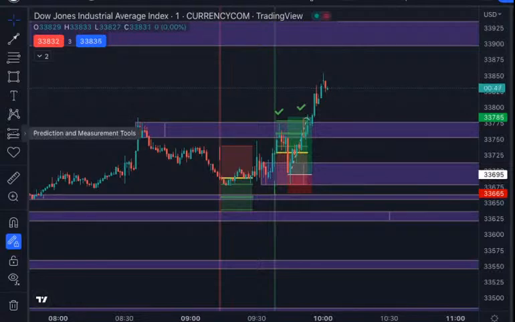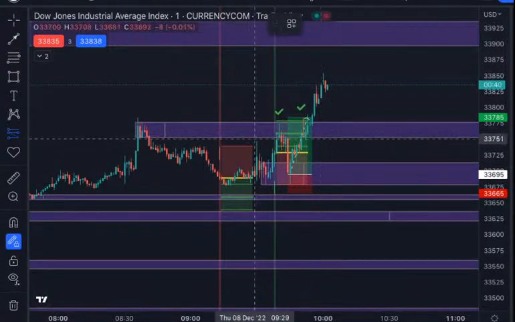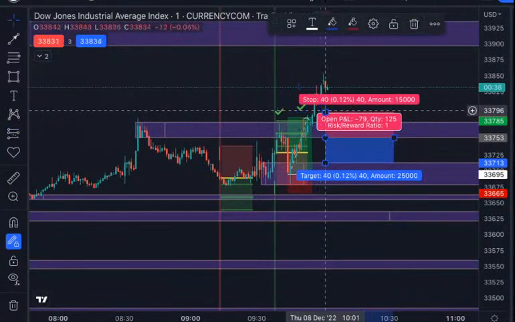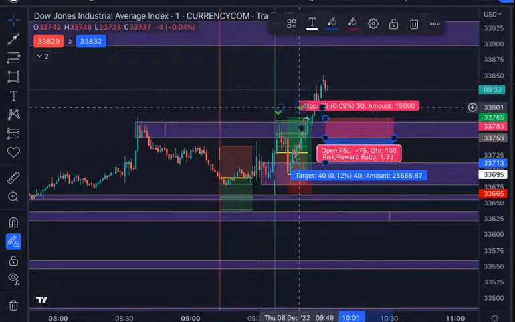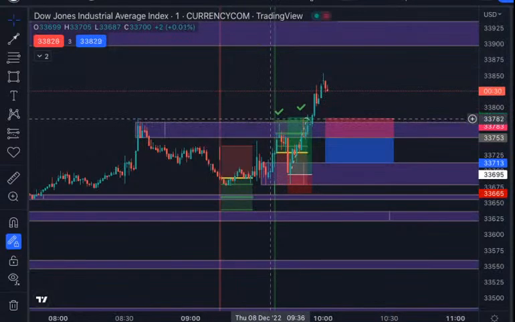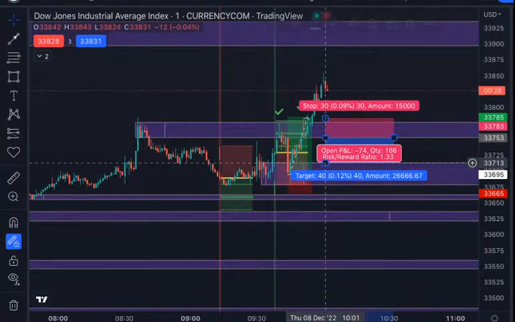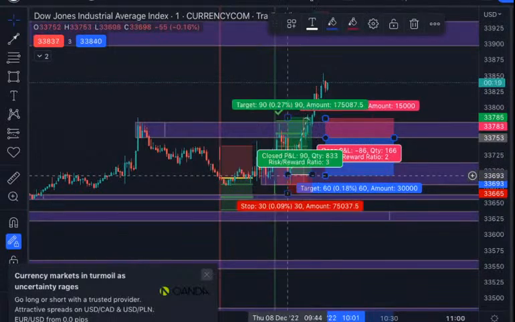If you were here at the very beginning of this live stream, my initial setup was for this sell right here. It was going to be a 30-point stop, and that stop would have held because it came up, hit my entry point, and I was targeting 2-to-1. Did it get 2-to-1? It sure did.